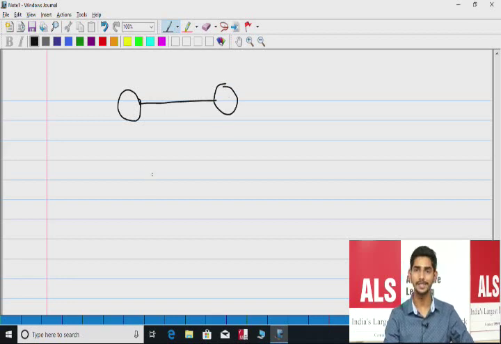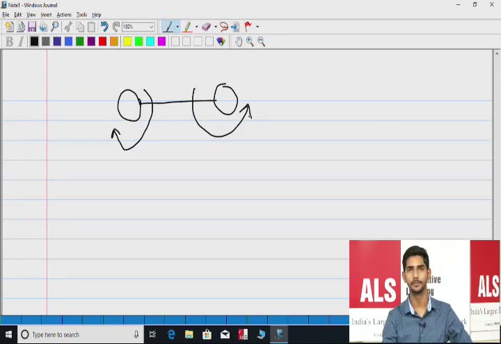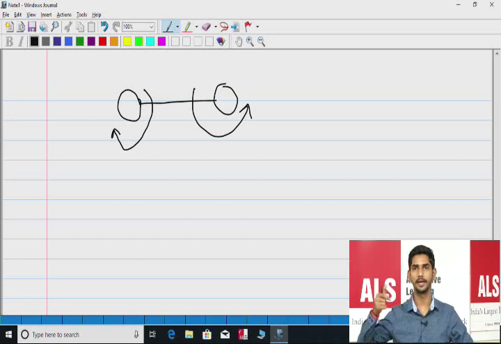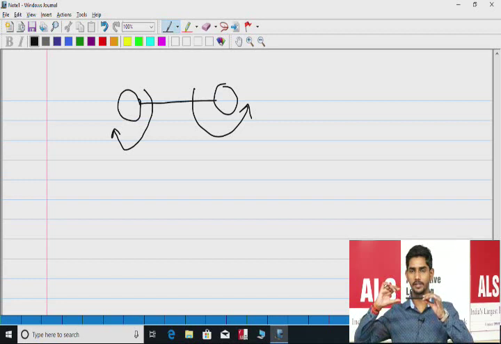So the groups present on these two sides can rotate freely, means they can have the motion. Like this is the bond, and if this is the atom attached to this one, then they can rotate freely.